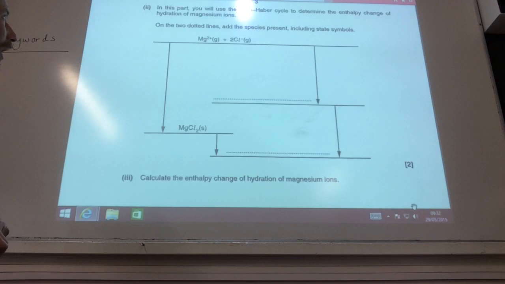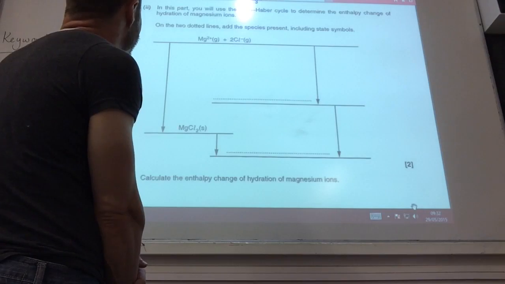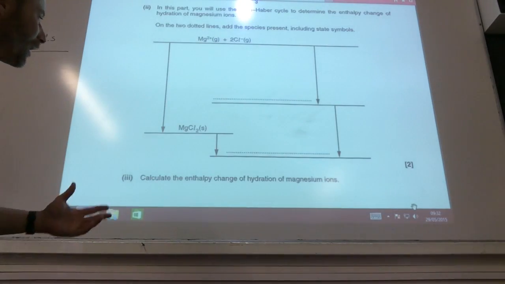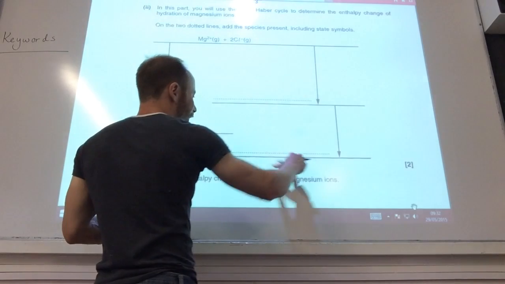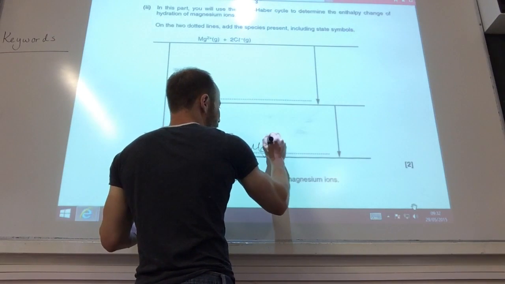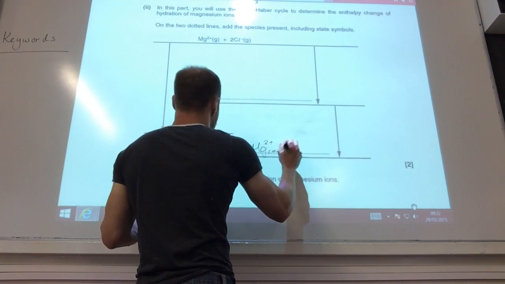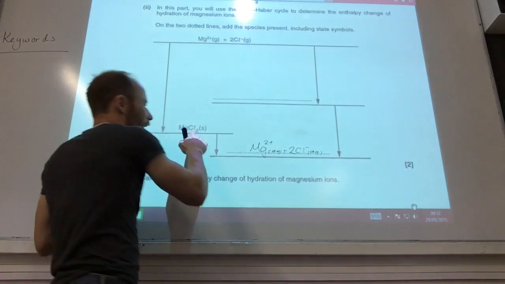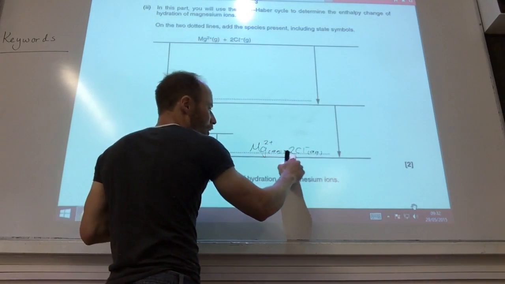Right, so we now have a go at doing a Born-Haber cycle determining the hydration enthalpy of magnesium ions. So we've got to complete this. This one, obviously down the bottom here, is going to be Mg2+ aqueous plus 2Cl- aqueous. Notice the formula, so it's 2Cl-.